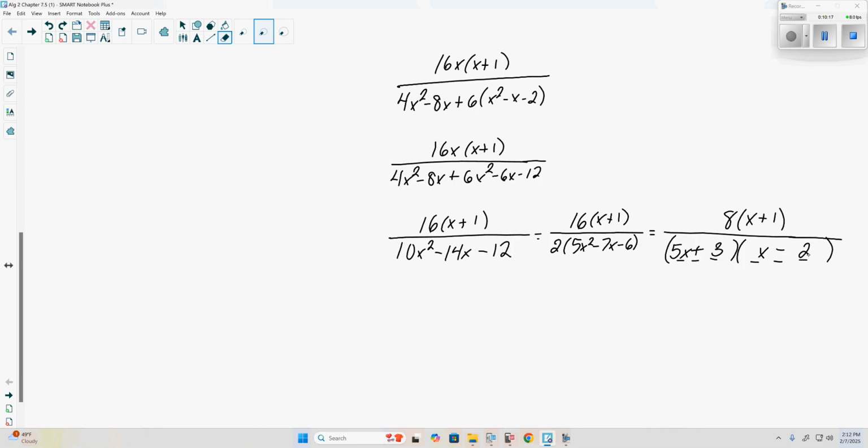Is there something in common on top and bottom at this point? That's it. Now the reason we can stop here is the denominator is as simplified as it gets. The only thing we could really do with it is either split it up so that we have two different fractions with either 8 on top, x plus 1 on top, or 5x plus 3 on one of the bottoms, x minus 2. Or we can multiply back out.